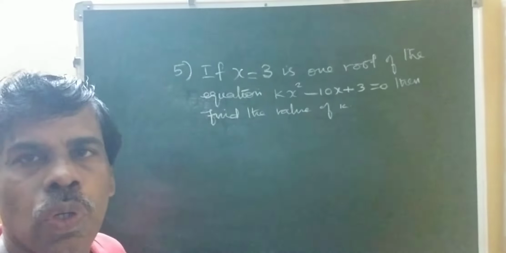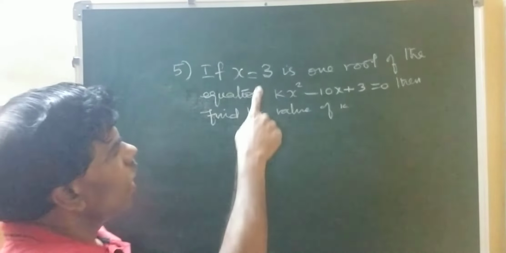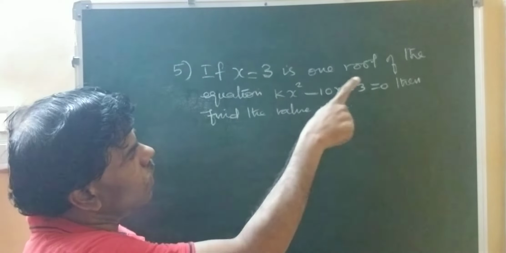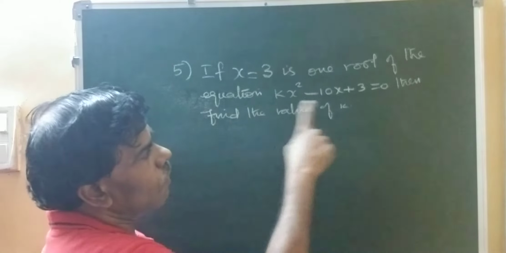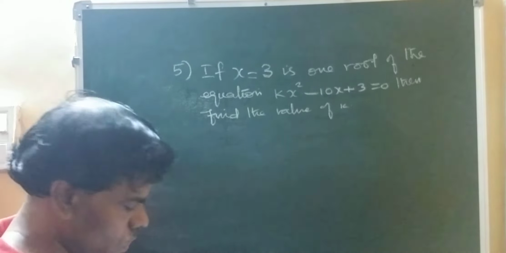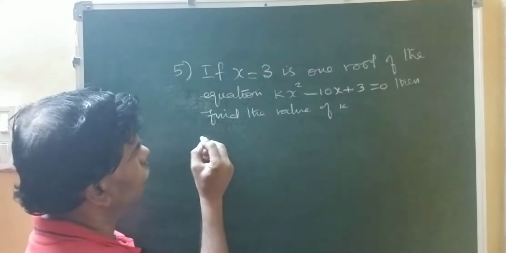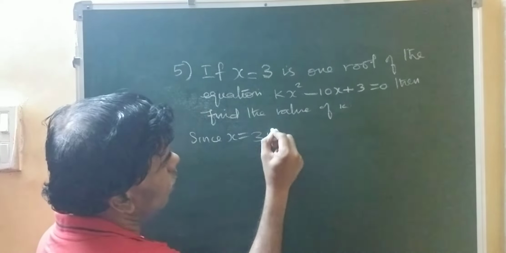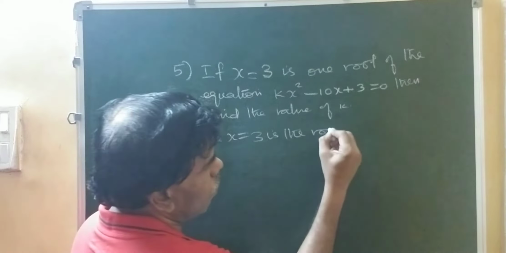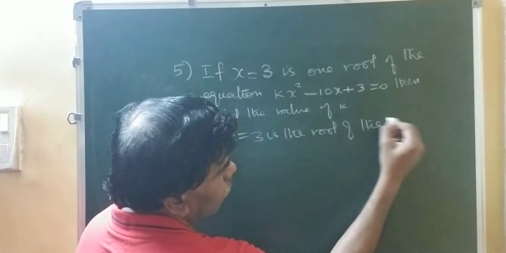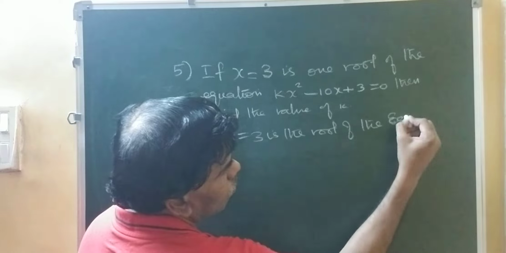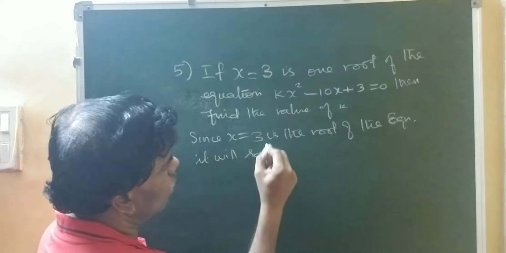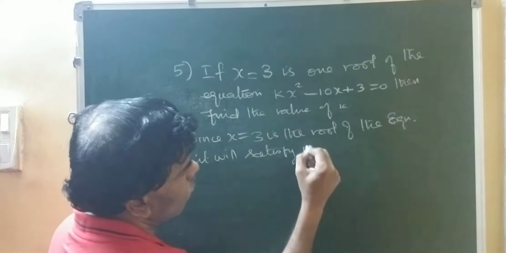Okay. Now, as I told you, if x equal to 3 is one root, what does that mean? It will satisfy the equation. Therefore, since x equal to 3 is the root of the equation, it will satisfy the equation.